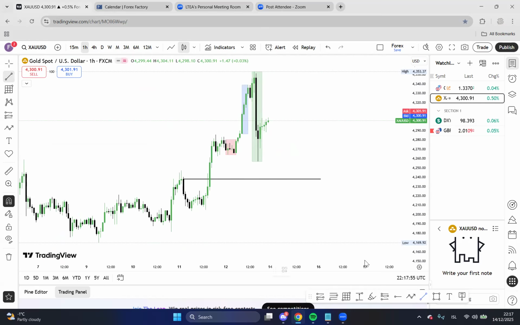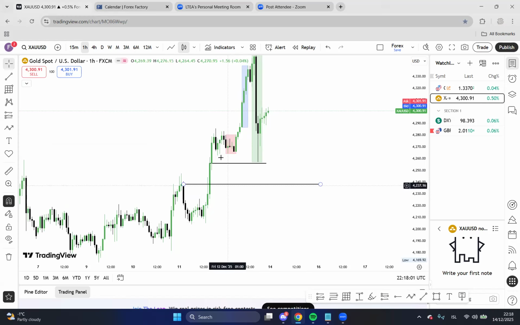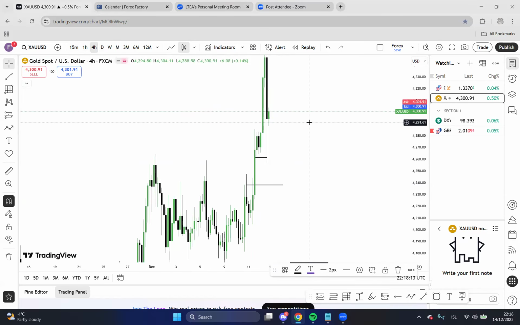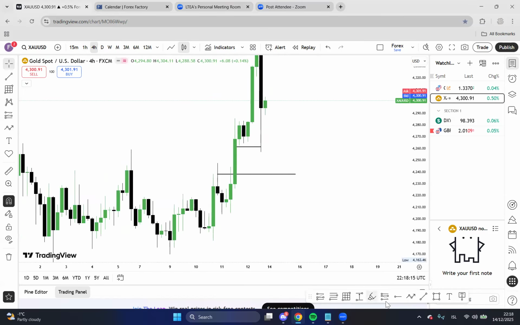And if you look at this level right here, we didn't quite get here, but what we did was the tip of this candle right here to rebalance this imbalance completely right there. In the 4 hour, we have a fair value gap around there.